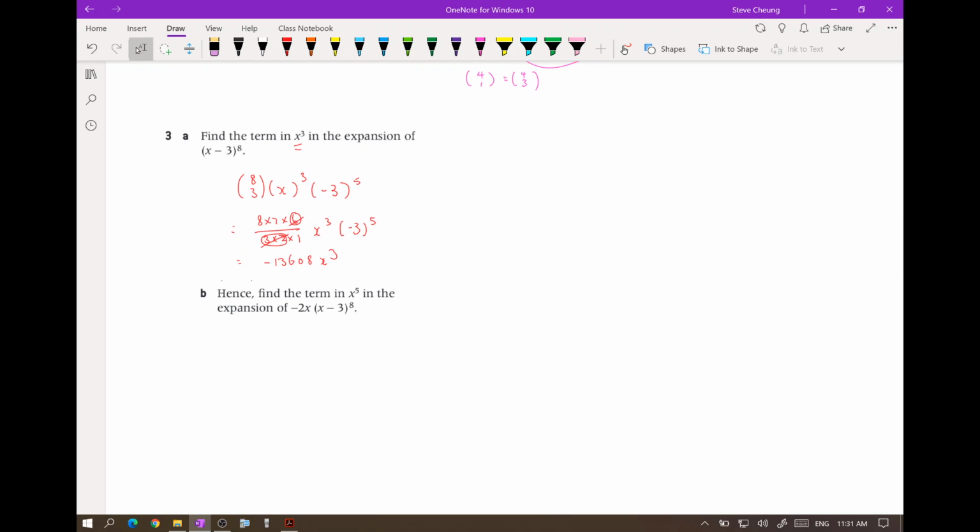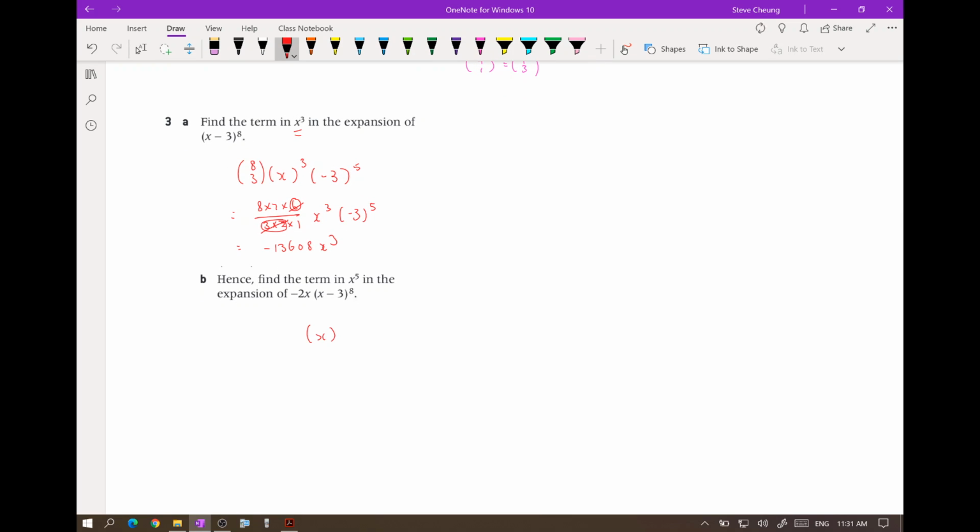Now part B, don't simply go, oh, it's x minus 3, so I want 5 of this, and then 3 of these, because that's not really what the question is asking. We want something here so that once you multiply, the x will give you x to the power 5. So that means I only want x to the power 4 coming from this expansion.